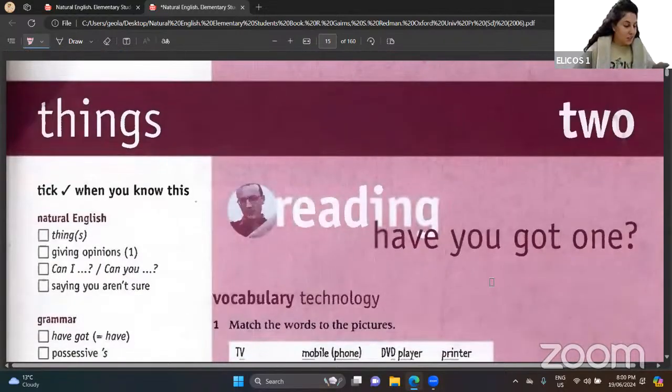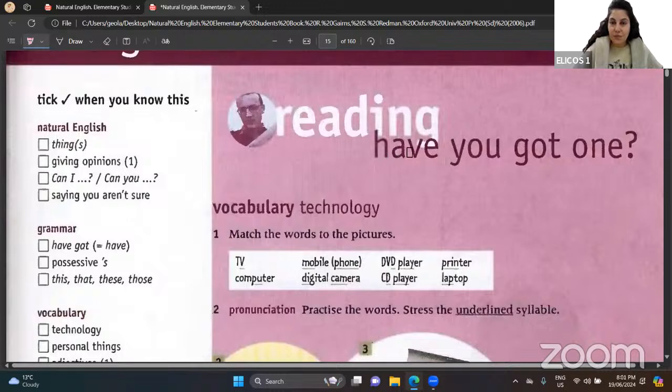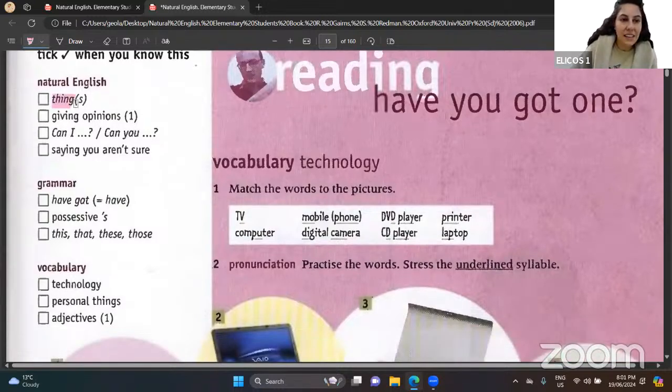Okay, we're on to part 2. So we have here, have you. We're going to start using this word, have you. So we talk about things, that means like objects or nouns. We're going to give opinions. Giving an opinion means I'm going to tell someone what I think.